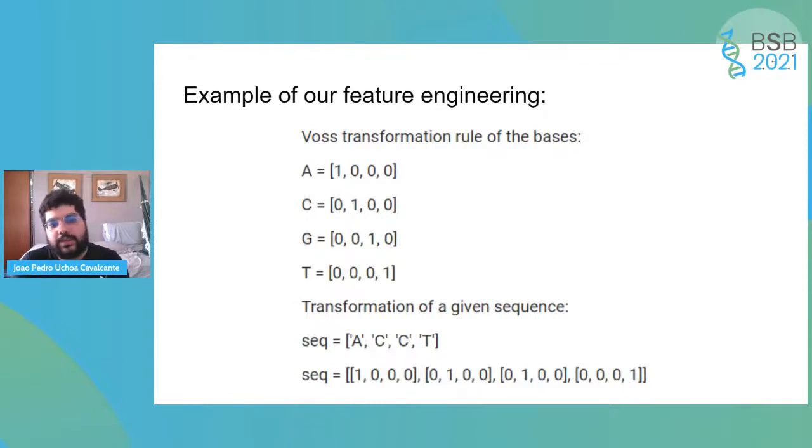As you can see, if it's an A, it will become an array of 1, 0, 0, 0. If it's a C, it will become an array of 0, 1, 0, 0, and so on. On the bottom, you can see a simple translation of a simple sequence. So this is the intermediary state.